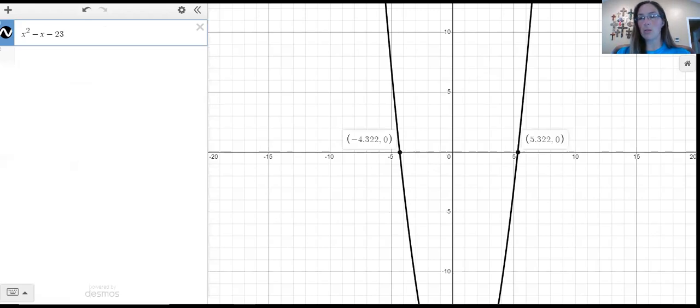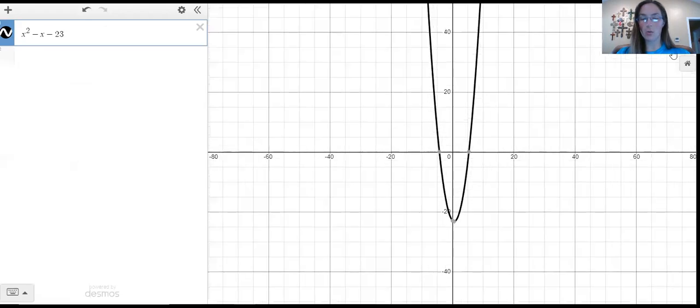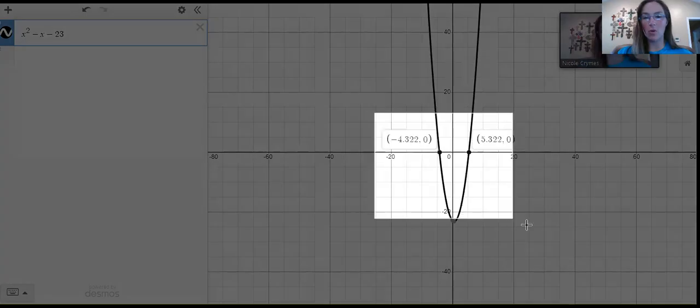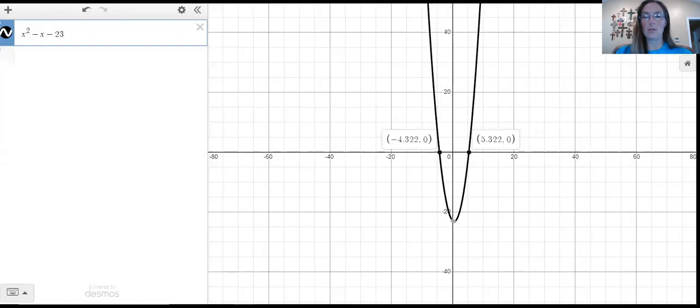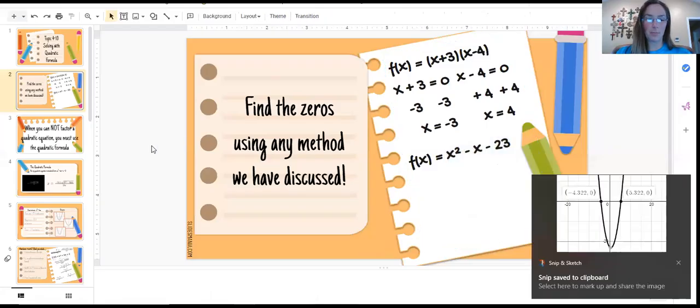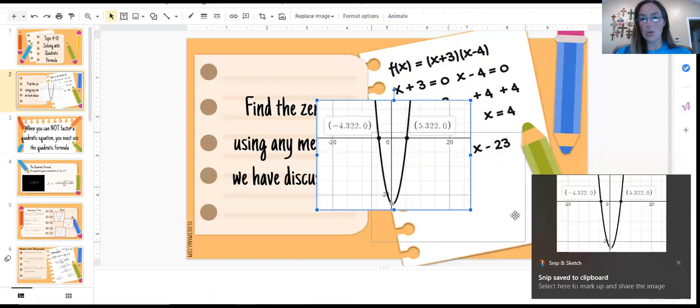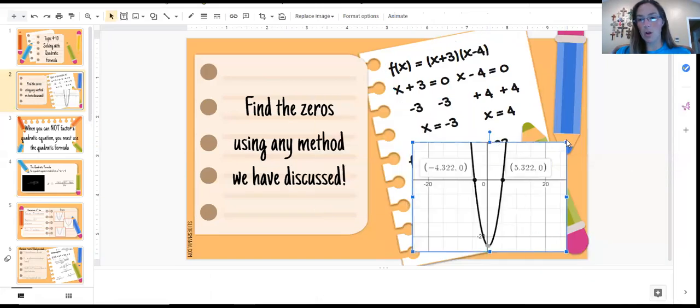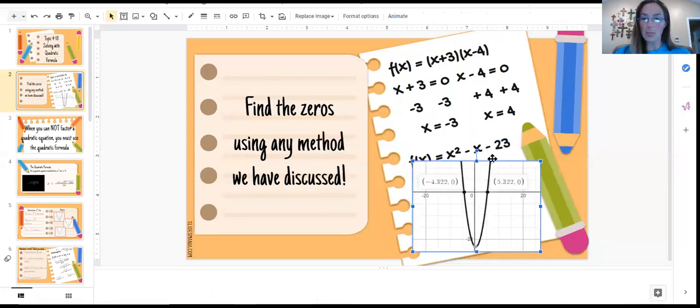I'm going to zoom out just a little bit so that it's not quite so big, and click on these again. I'm going to trace that and put it into our slides. So I could put this in here, and that would be what our solutions would be.